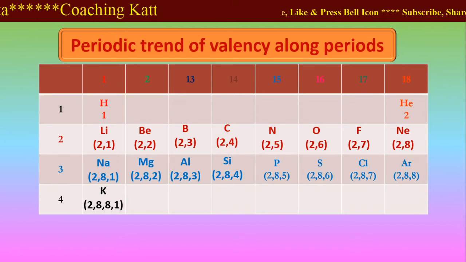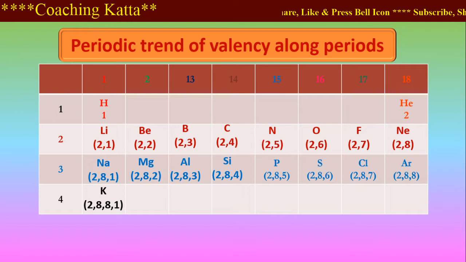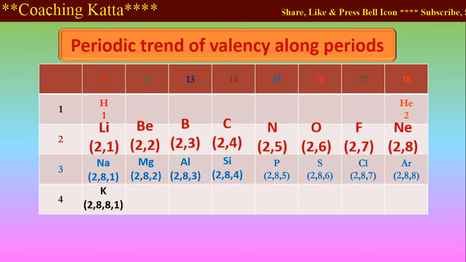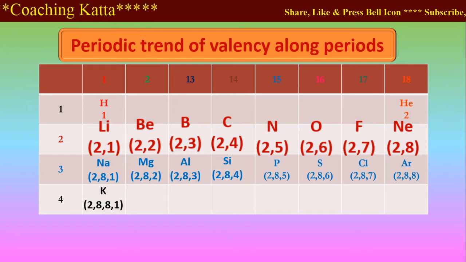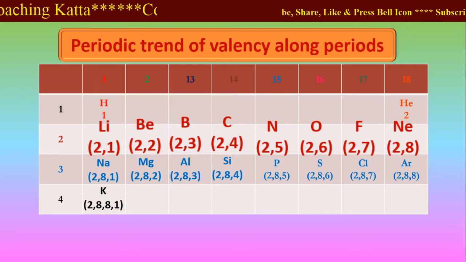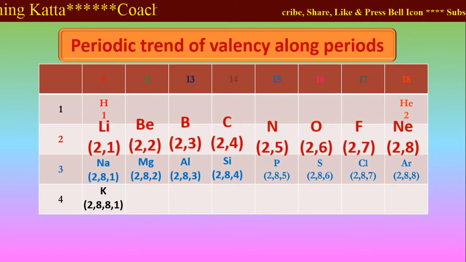Now, let us first discuss the periodic trend of valency along periods. Let us consider the second period. The elements and their electronic configuration are shown here. We observe that there are two shells in each atom and the valence electrons go on increasing from left to right.